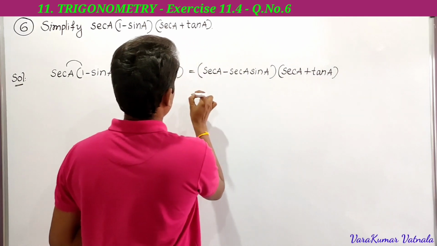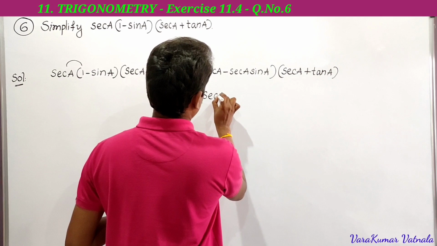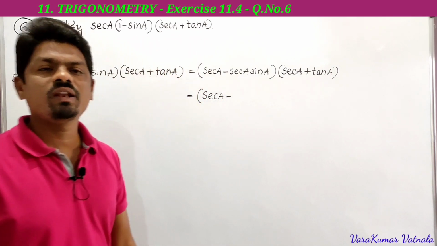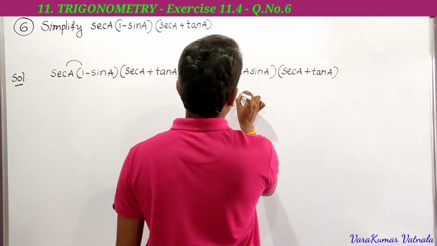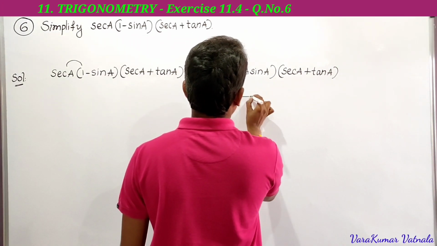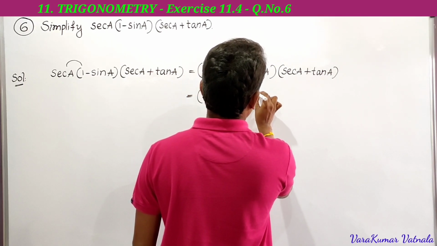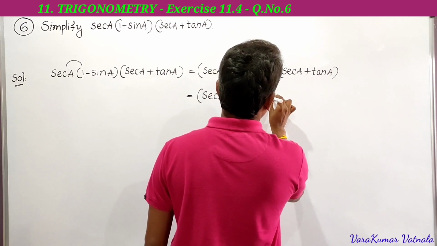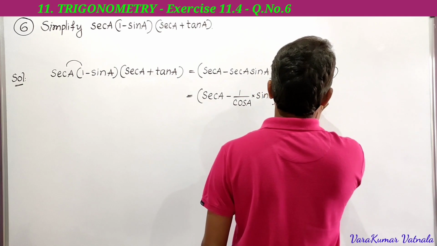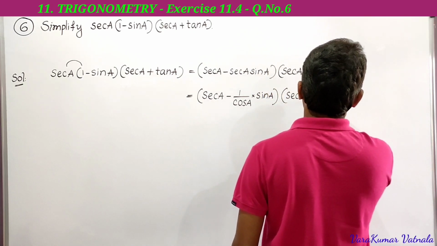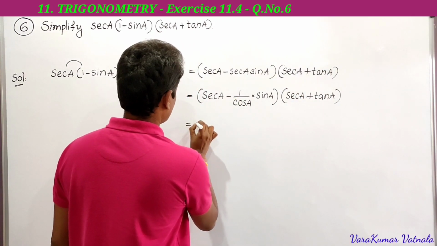So now see here, write secant a as usual. But this secant a can be written as 1 by cos a. So I am writing it as 1 by cos a. Here sin a is there. So write here secant a plus tan a as usual. So just one more step I want to write here.